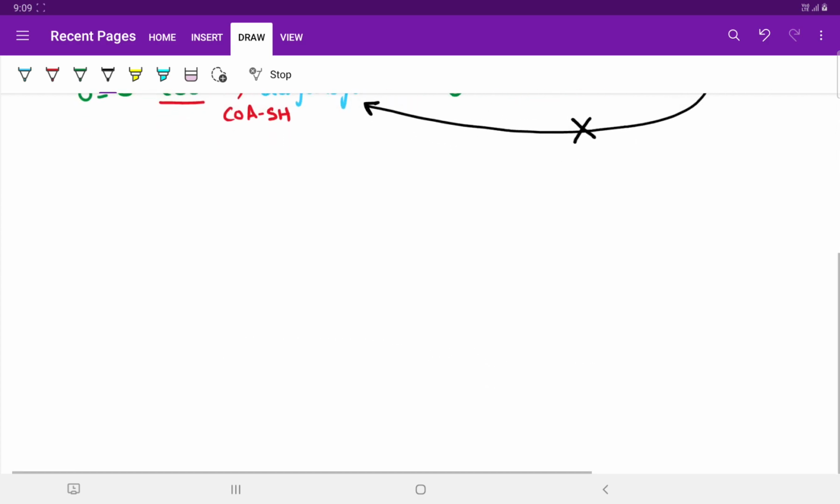Now let us start with the next reaction. The next reaction is conversion of succinyl coenzyme A into succinate.